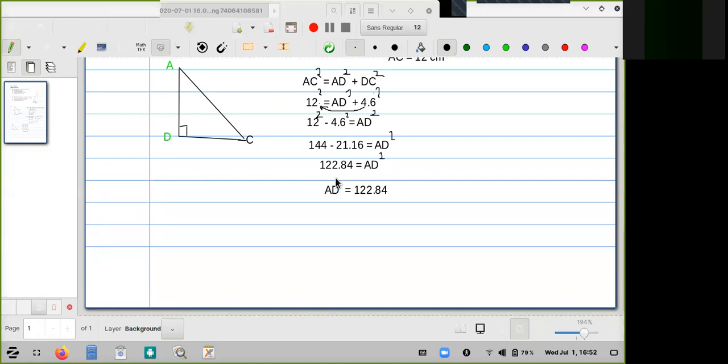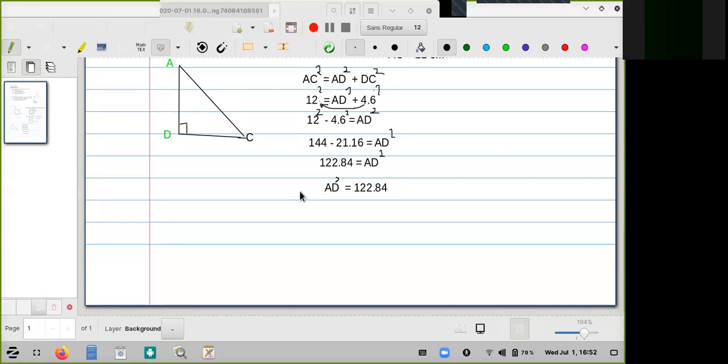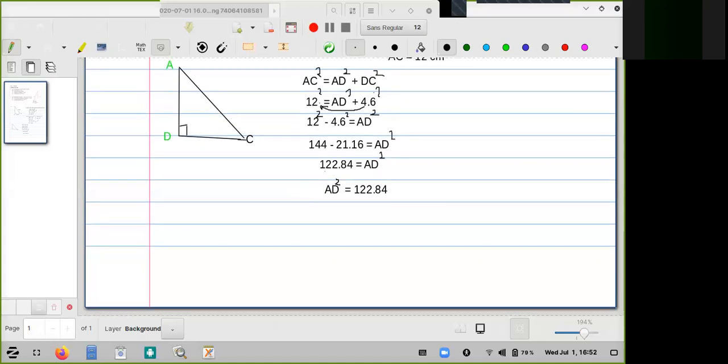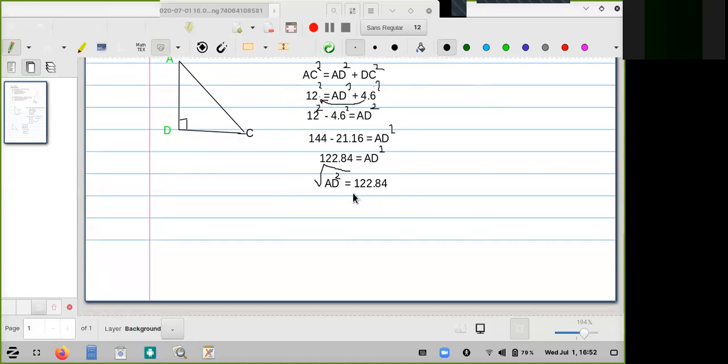This is a square, so I'm going to make use of the radical sign. I'm putting square roots on both sides, right? Then I'm also putting a square root here on 122.